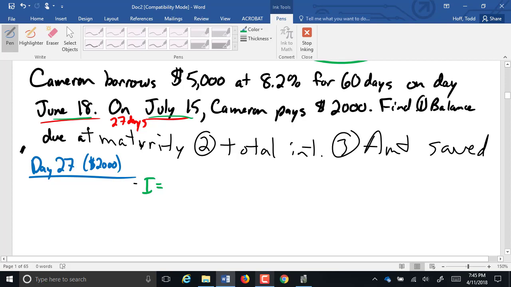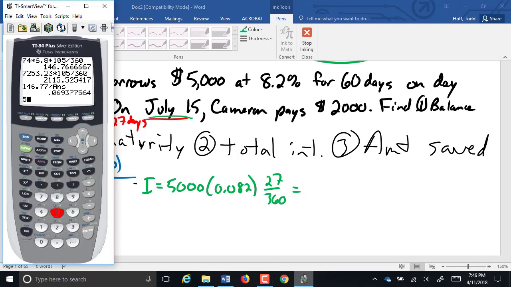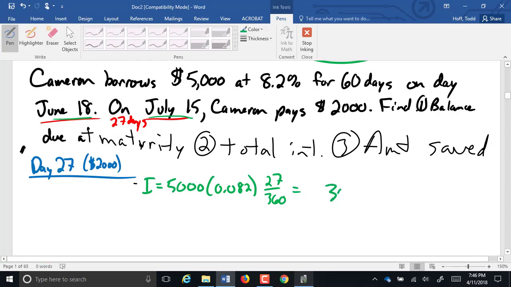It's 27 days if we look it up in the chart and subtract. So our interest will be $5,000 times 0.082 times 27 over 360, giving us $30.75 in interest.